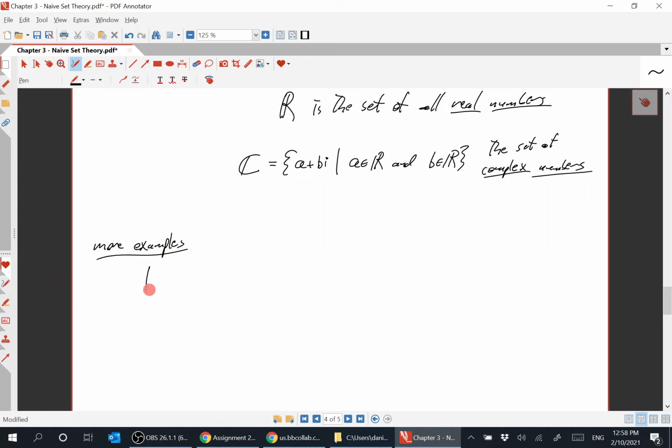So we'll let this set, let A be equal to the set of all elements x, such that x is an integer and -3 is less than or equal to x is less than 7, and x is equal to 2k for some, need more space.